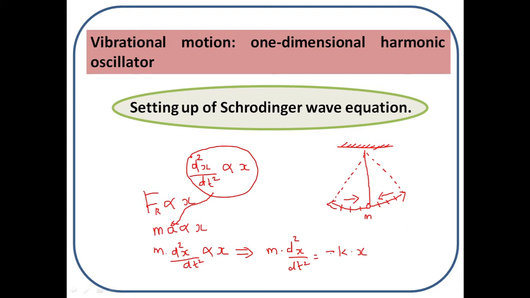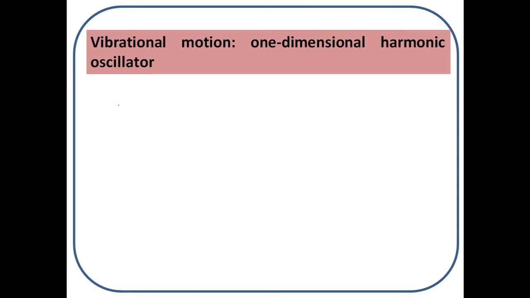This minus sign shows that this force, the restoring force, is always opposed to the displacement, and this k is termed the force constant. Thus we have m into d squared x by dt squared is equal to minus kx.